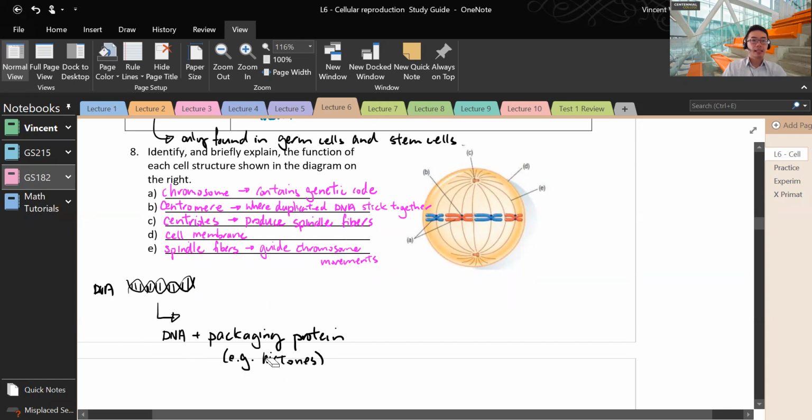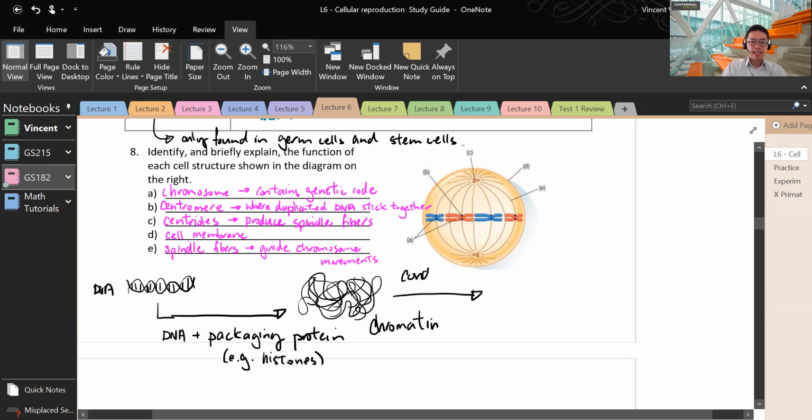The histone and the DNA together cause the DNA to condense into a bundle. This more compact version of DNA with the protein, we call chromatin.